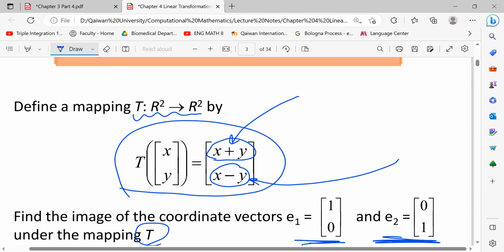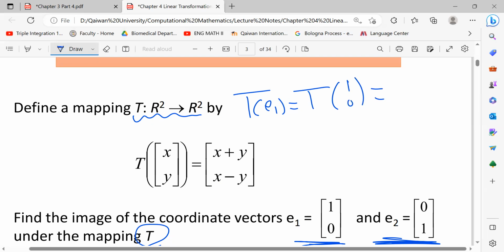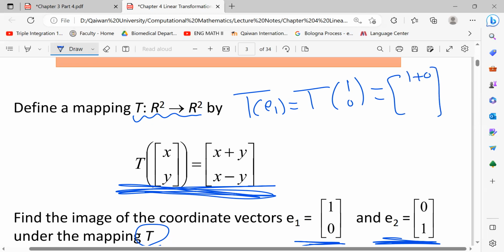How to find them? Let's find them here. T of E1 is T of (1, 0), which equals what? Based on this definition, it is first plus second, 1 plus 0, and first minus second.